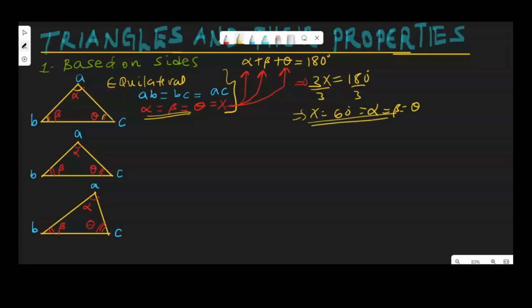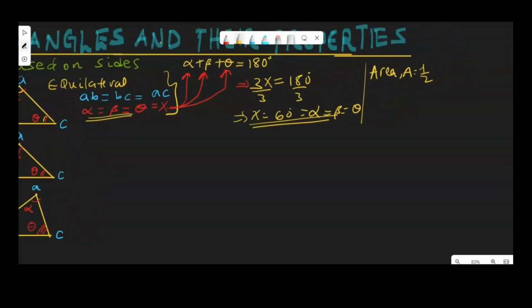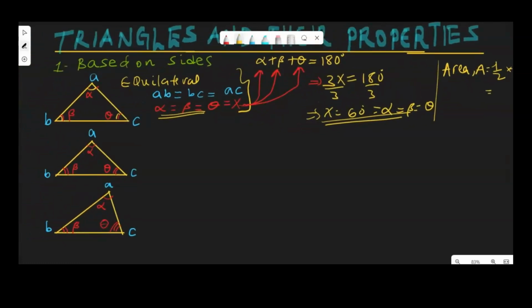Alright, how do we calculate the area of this triangle? The area of any triangle can be calculated by the formula half times the base of the triangle times the height of the triangle. Alright, which one is the base of the equilateral triangle? This is the base of the triangle, BC.